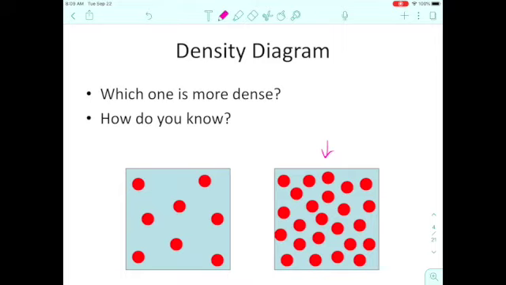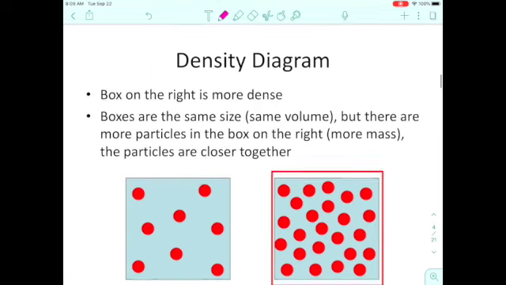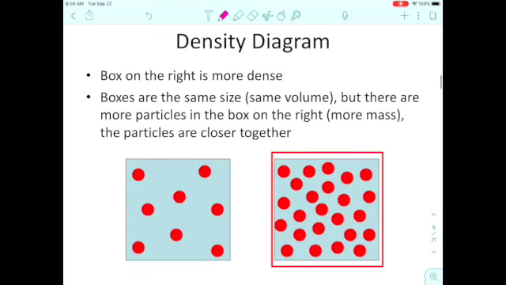And you can see that the particles are more tightly packed in that one. So the one on the right would be more dense. The boxes are the same size, and there are more particles in the box on the right, and the particles are closer together.